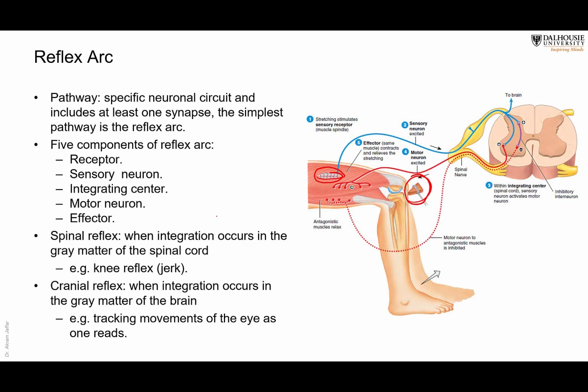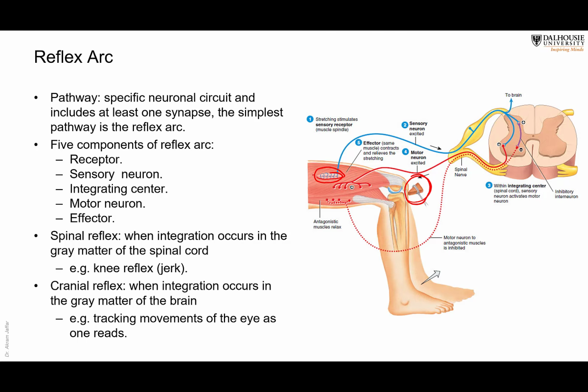This receptor will feel as if the muscle is stretched, although the muscle is not stretched. Normally, if the muscle is stretched, it will give indication to the spinal cord to contract the muscle. So what happens here is that the muscle is not stretching. We are tapping on the ligamentum patellae, giving indication that the muscle is stretching.